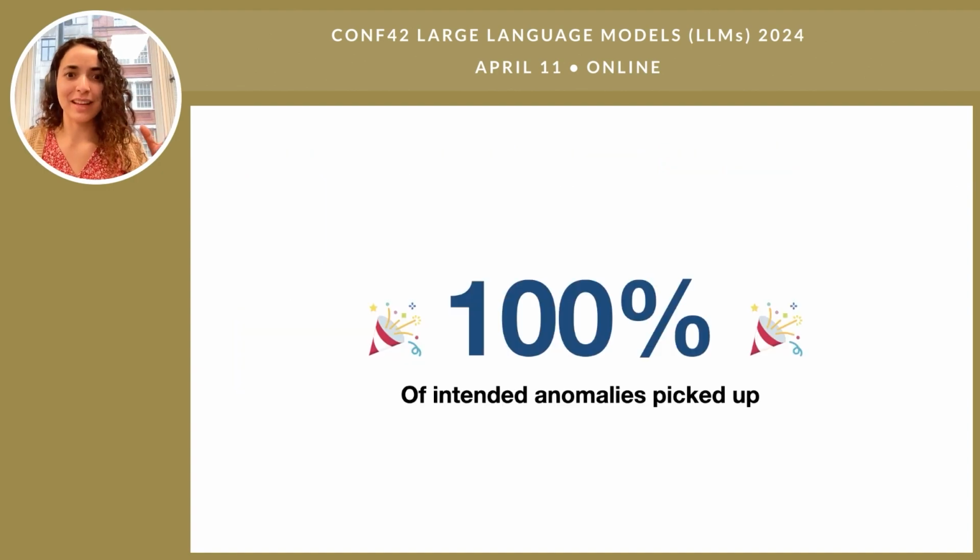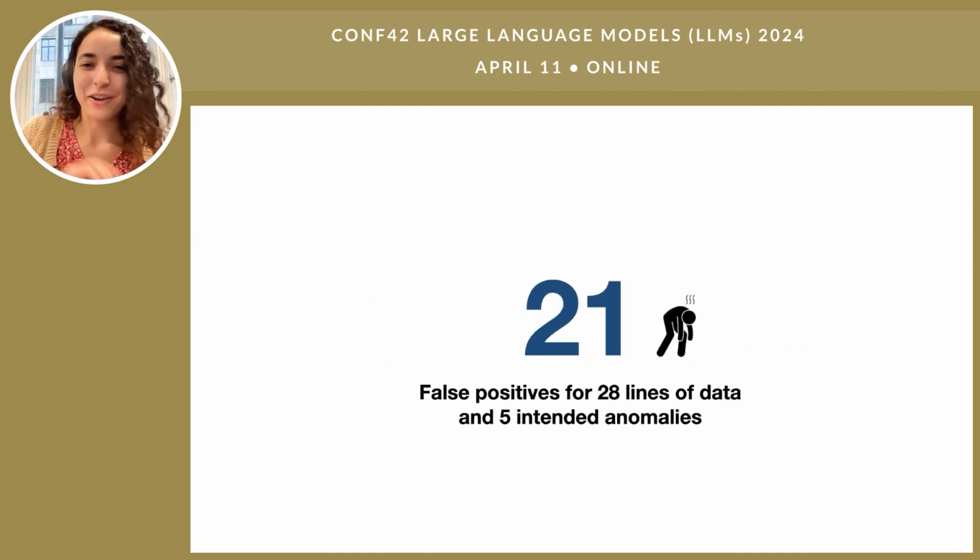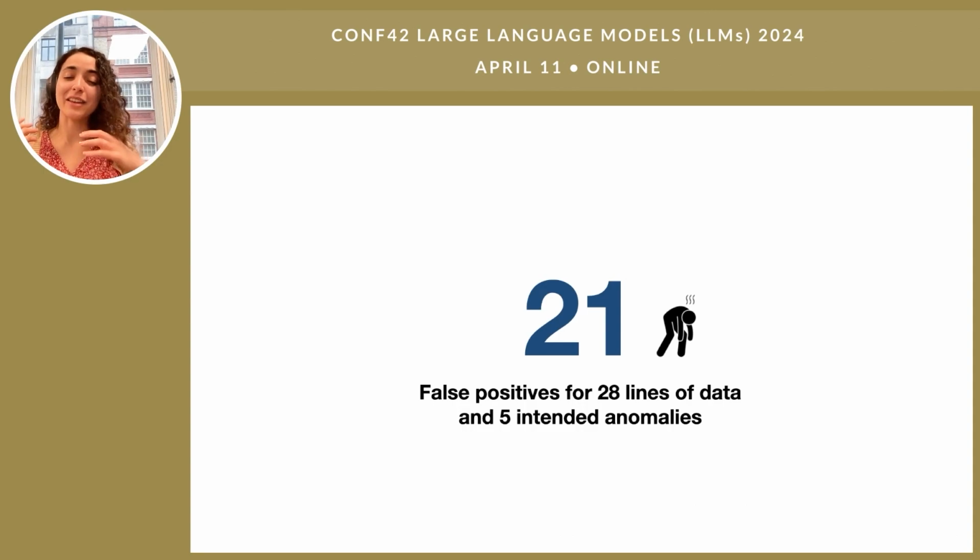Okay, it does super well. It detects 100% of all of the intended anomalies. This is amazing. Book closed. We're good. Not quite. What we actually find is that there are 21 false positives when you look at only about 28 lines of data, where there's meant to only be 5 intended anomalies here.